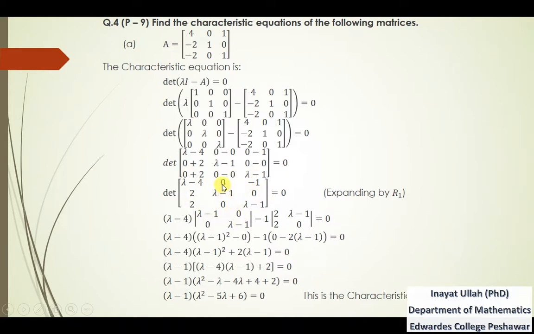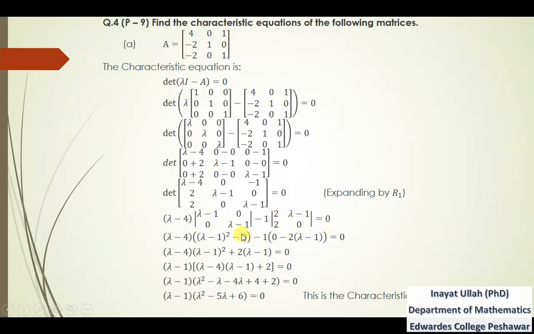And now plus 0, that is 0, so there is no need to write the cofactor with this 0, so ignore this 0 and take this minus 1, so minus 1. Now exclude that row which contains minus 1 and that column which contains minus 1. So ignoring these two, we are left with 2, lambda minus 1, 2, 0.